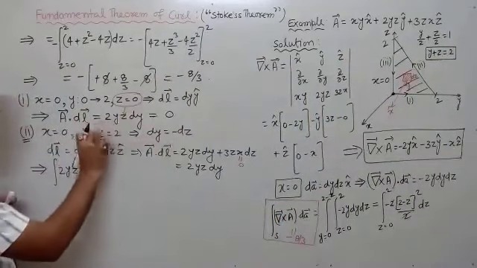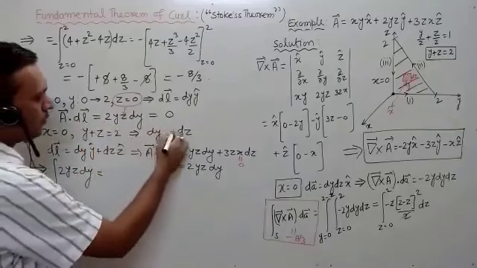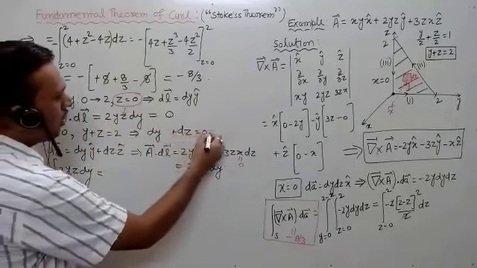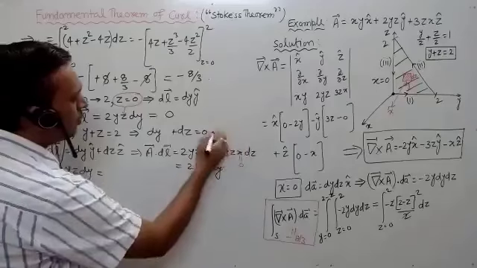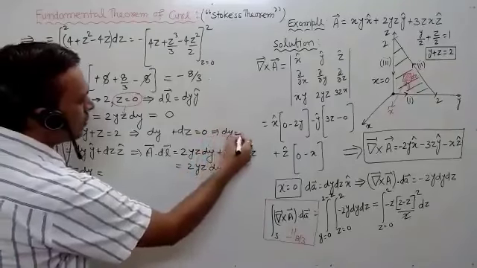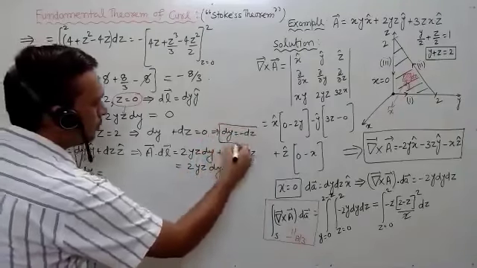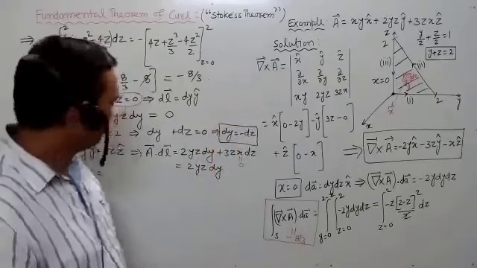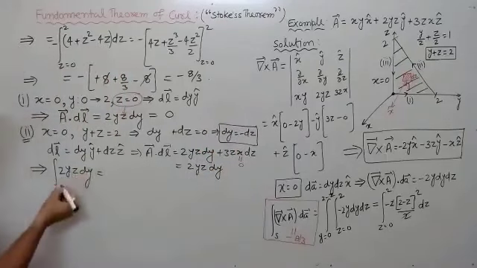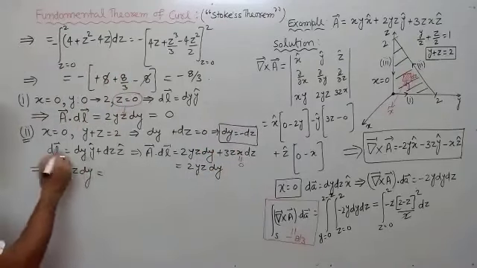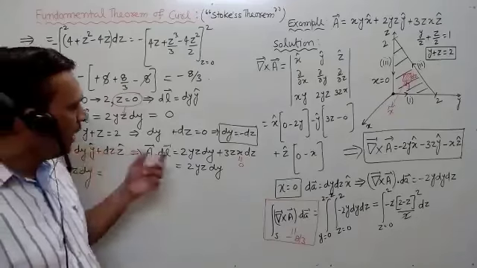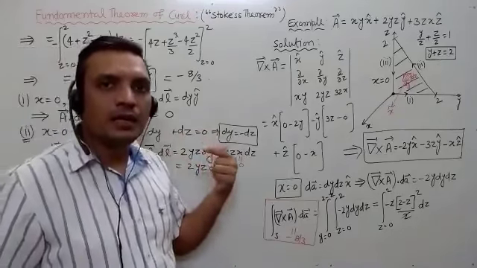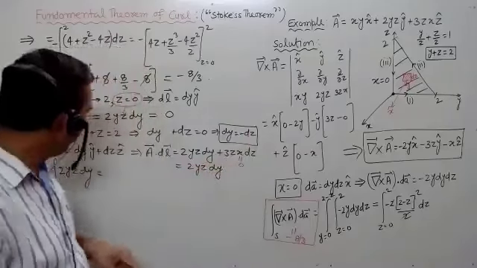If you differentiate this, dy plus dz is 0, or this will give you dy is minus of dz. So just to relate y and z. So is it clear? So dl I have written in yz plane, and finally we will convert in terms of y or z. So let us see.